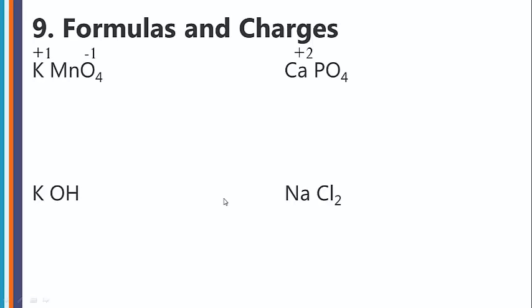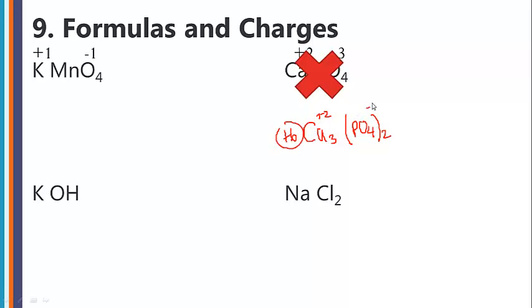Calcium has a charge of +2, and PO4 is phosphate, which has a charge of -3. So my charges aren't balanced here, which means this one's no good. The formula for that should be Ca3(PO4)2, because +2 times 3 gives me a total of +6, and -3 times 2 gives me a total of -6.